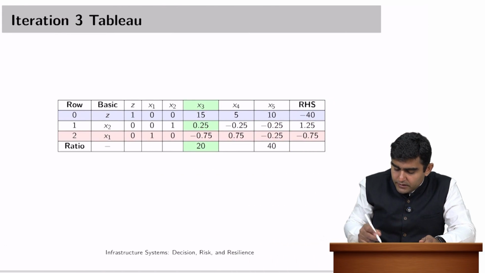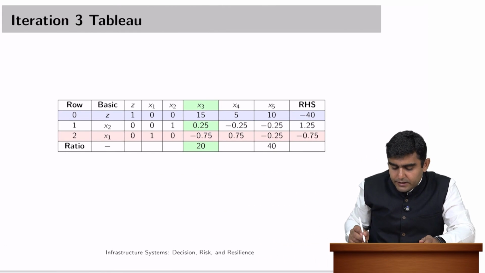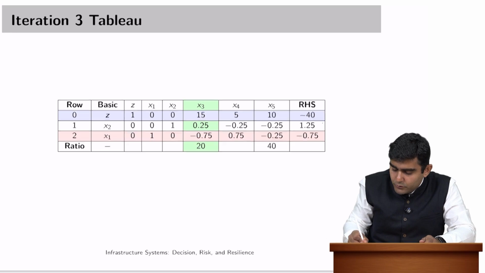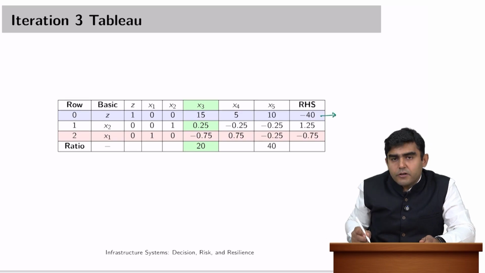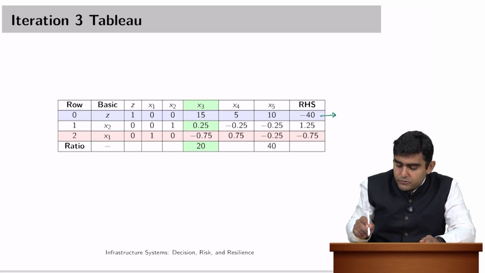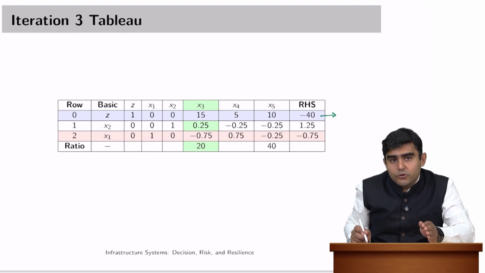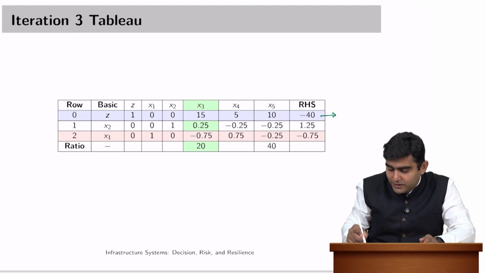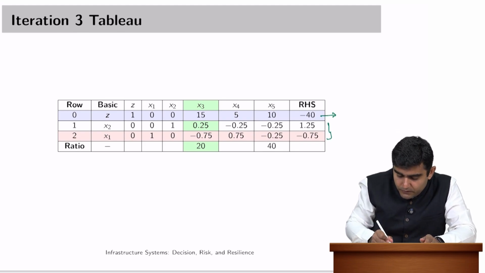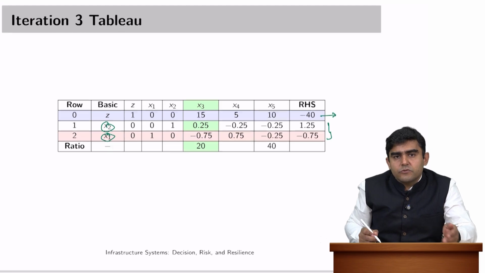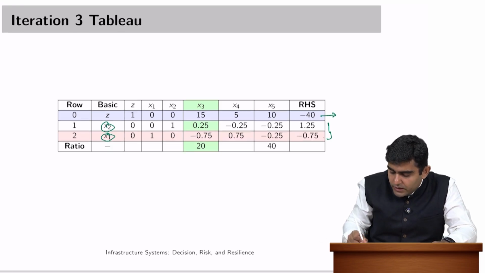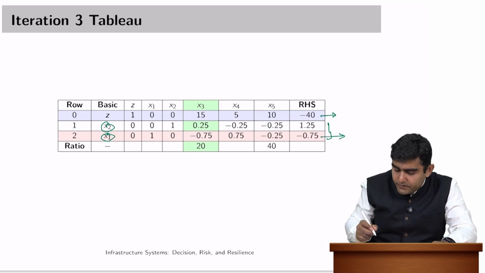Once we do that, we again get the updated tableau. Now please note that you may be tempted to make this minus 40 leave the solution, but this happens to be the objective function. So it should not be leaving your solution at all, but you should be choosing from the variables which are labeled as x1, x2, x3 and so on. So here you are left with this minus 0.75.